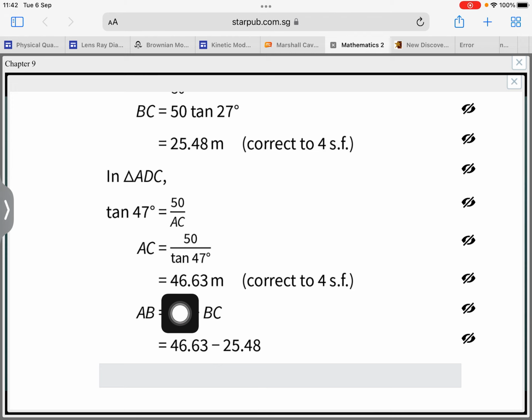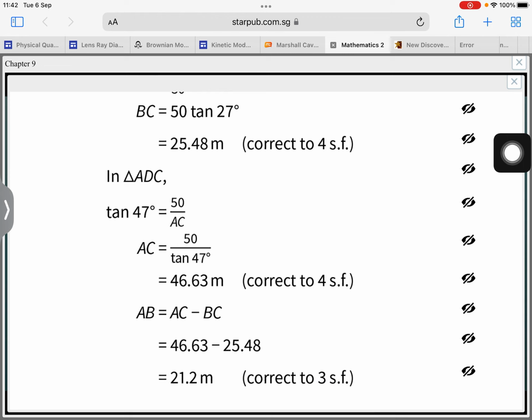So instead of taking 46.63 minus 25.48, you key in 50 over tangent 47 degrees minus 50 times tangent 27 degrees. Then your answer should be 21.2 meters, corrected to 3SF. The final answer must be in 3SF. For intermediate steps, if you use 5SF or so, it is okay.